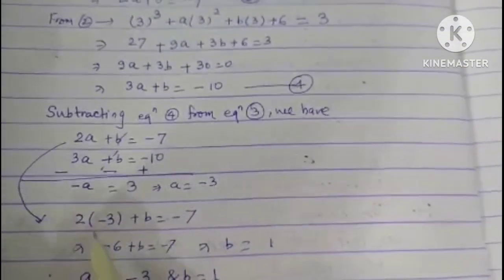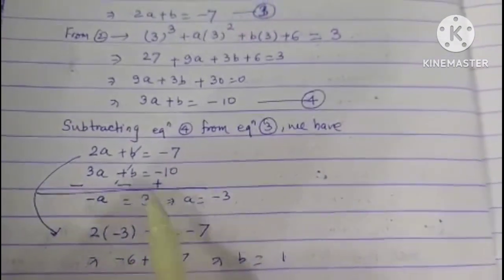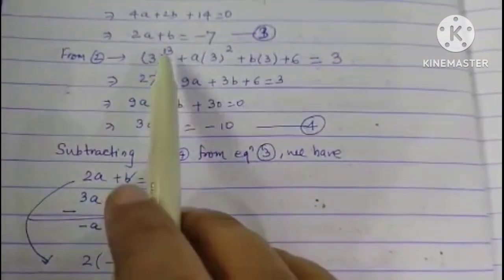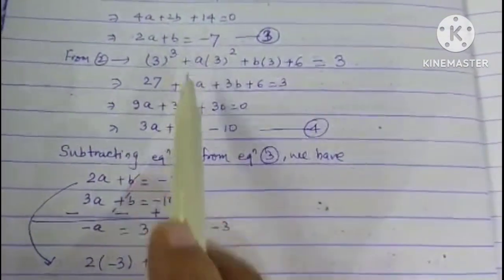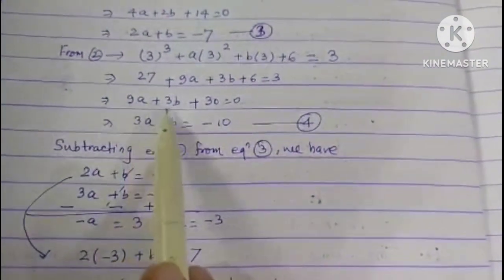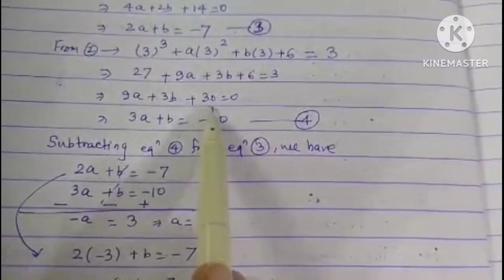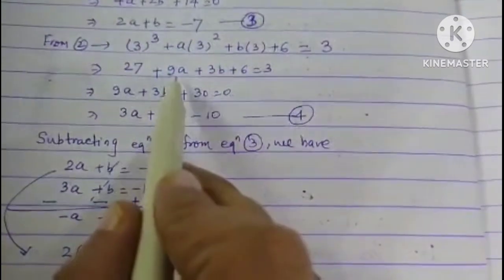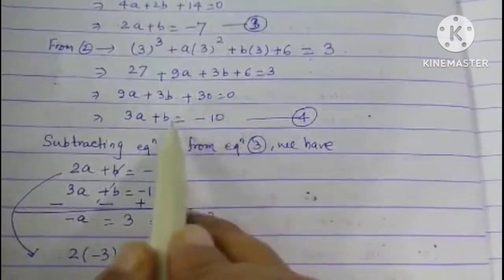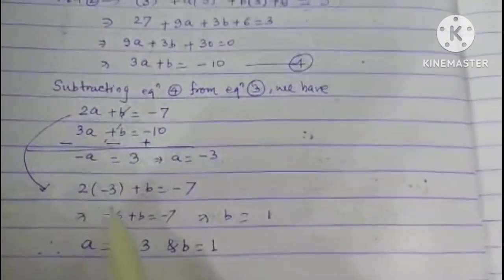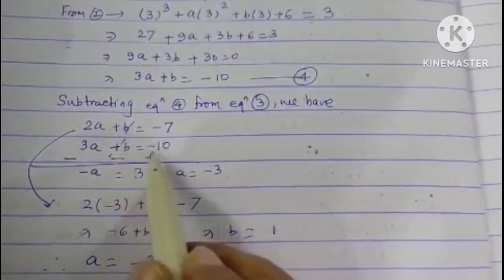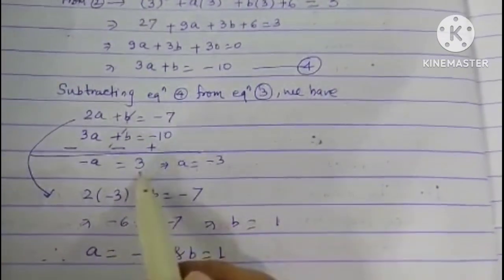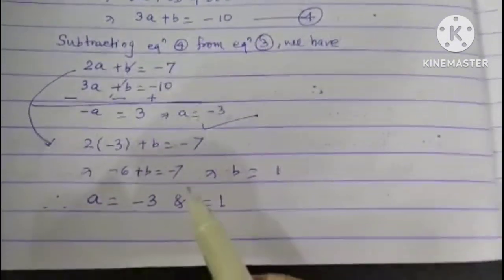Okay, let us see if we have done everything correctly. 2a plus b equal to minus 7, and 3a plus b equal to minus 10. Subtracting, minus a equal to plus 10 minus 7, which means a equal to minus 3. This is correct.